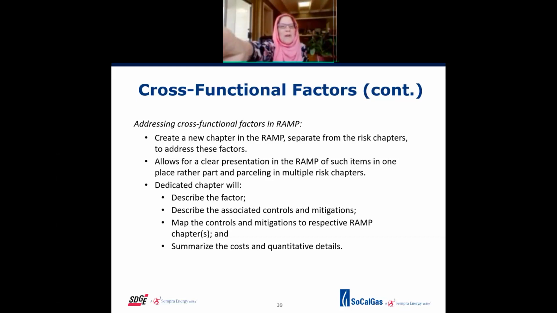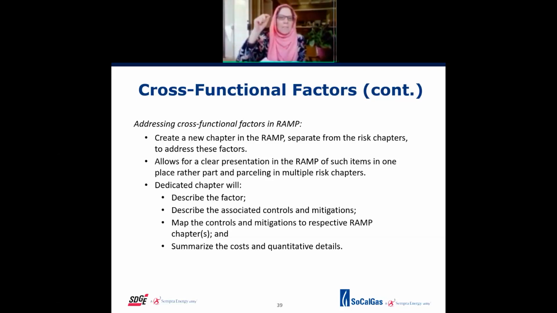I'm not sure either. But when I say map, maybe what I mean is taking the risk reduction scores from the cross-functional factor and the RSE scores, and then mapping what applies to specific risk in other chapters. That's what I'm thinking. Is that what you mean by map?